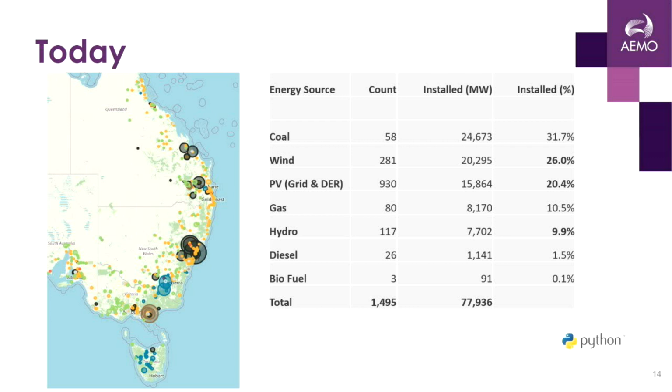Blue and black and brown are coal and hydro, as in the previous screen. An interesting thing to note is biofuel down the bottom. 3 units, 91 megawatts. We have 3 units in northern Queensland generating using waste product from sugar production. It's exactly the same as it was back in 2005.